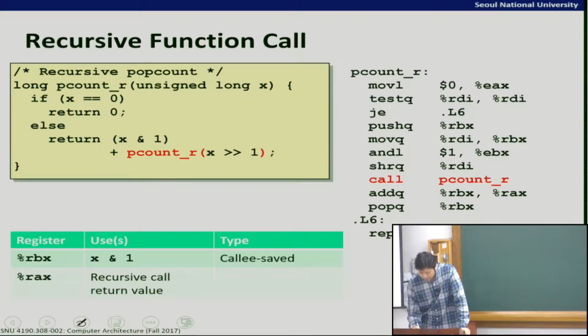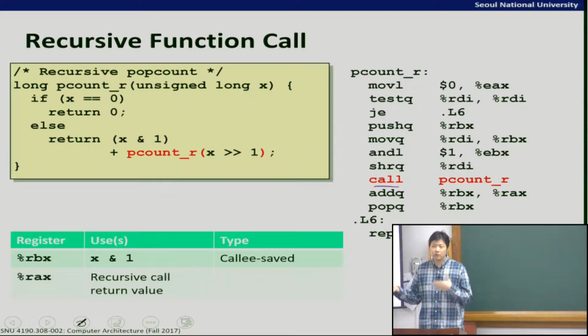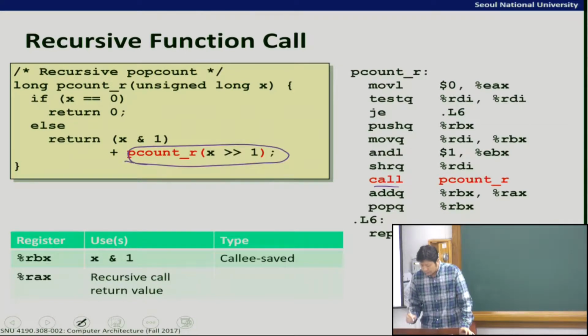So if you call this function, it will calculate the popcount of the argument x shifted right by 1 bit. This value will be computed by this function call, and when it returns, it holds the return value in the RAX register, right?